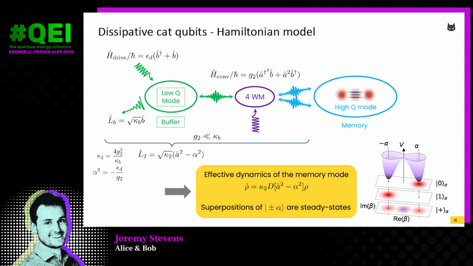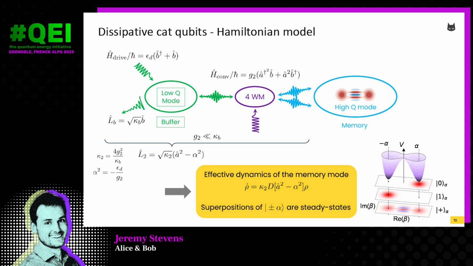This is summed up by this Lindblad master equation here, where the steady states are just the superpositions of the plus minus alpha coherent states, which are the basis states of my computational subspace. You can imagine living in this double well potential where, in this semi-classical model, the minimums are given by plus and minus alpha.